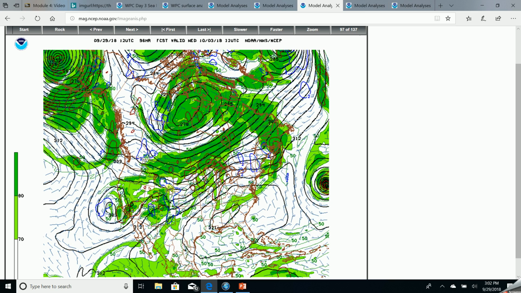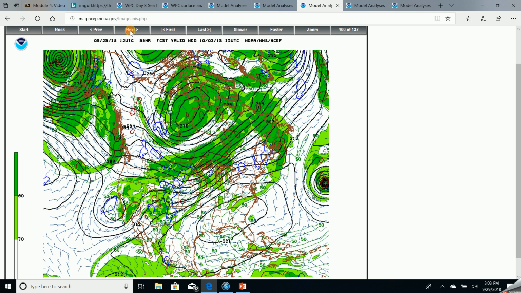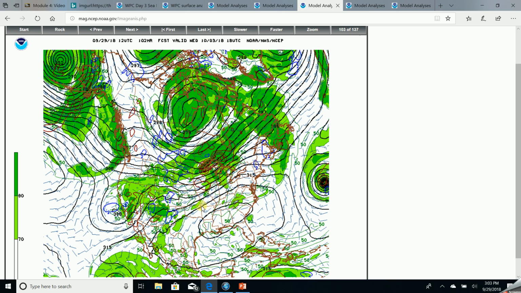There's 12Z. Notice the southwest winds. Oh yeah, you see the sinking motion? The blue lines indicate sinking motion. Think about it. The wind's coming over the Rockies and sinking down here. Now as you move forward in time, notice this low developing up here. Lots and lots of moisture and vertical motion out ahead of it.